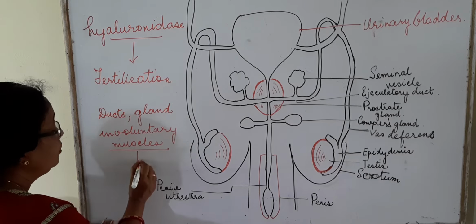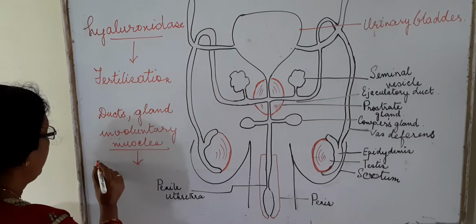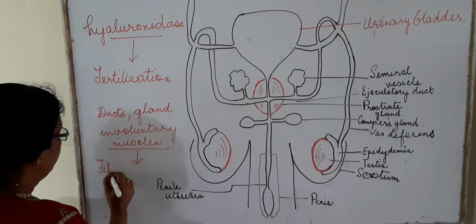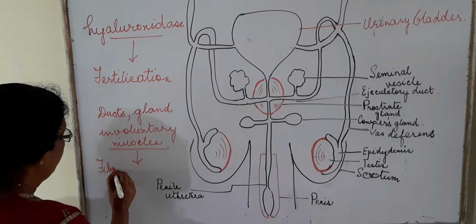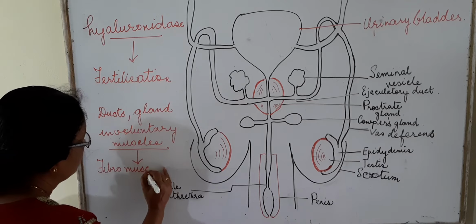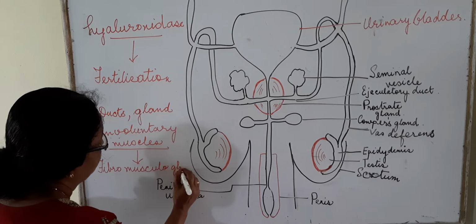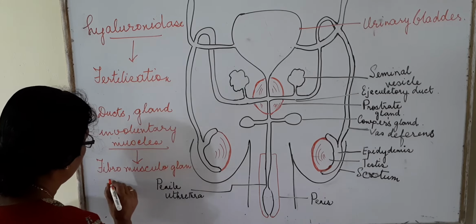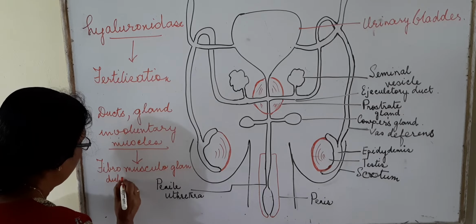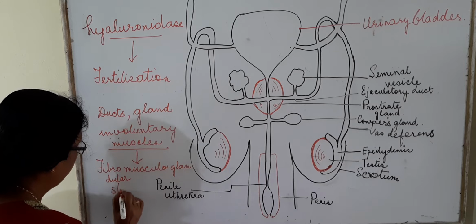Therefore, you can call the prostate gland a fibromuscular or musculo-glandular structure.